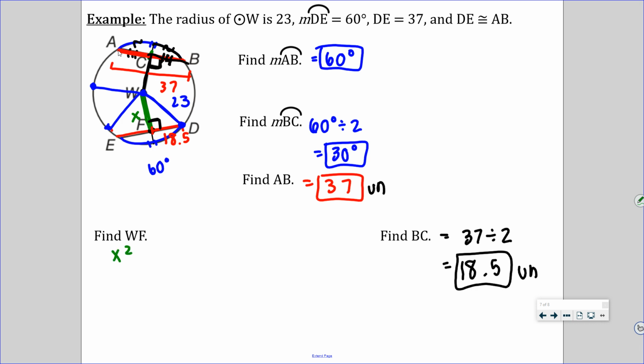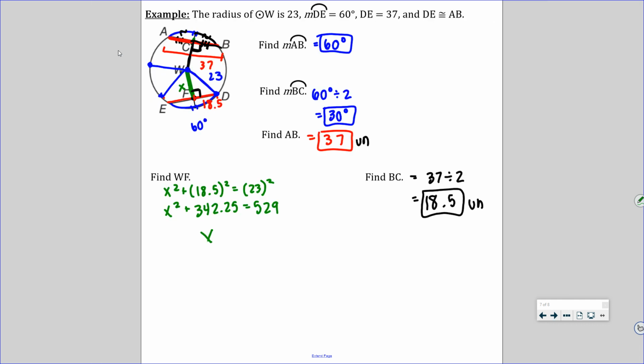All right. X squared, my two legs squared, plus 18 and a half squared equals 23 squared. Folks, I'm okay if your original side length was given to you in decimals. I'm okay with you doing decimals for your answer. You don't have to do simplest radical form. Okay, those are those numbers squared. Subtract over the 342.